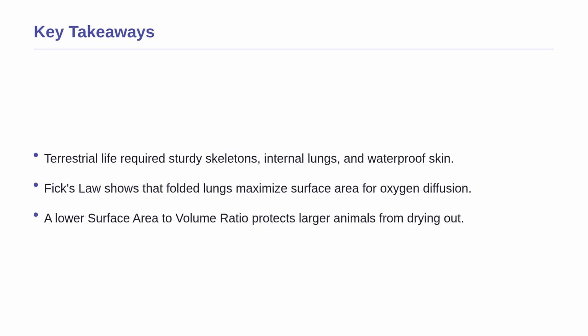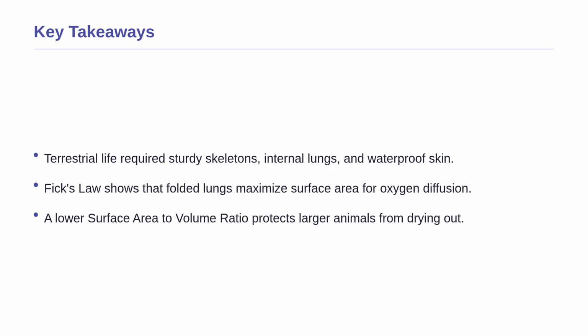We have covered a tremendous amount of ground today. Let us bring it all together. The transition to land required animals to completely redesign their bodies to fight gravity, extract oxygen from dry air, and prevent their internal water from evaporating.